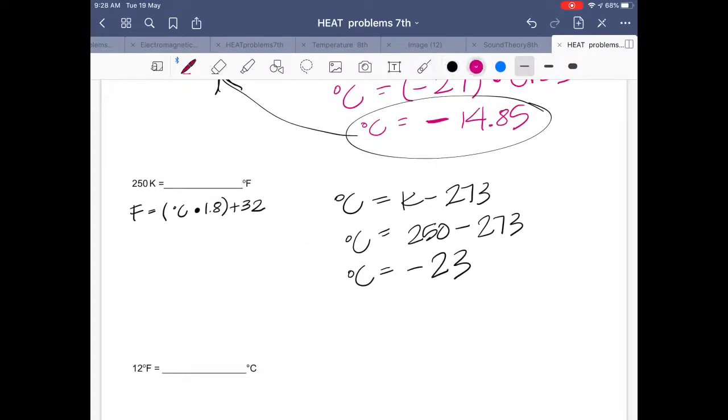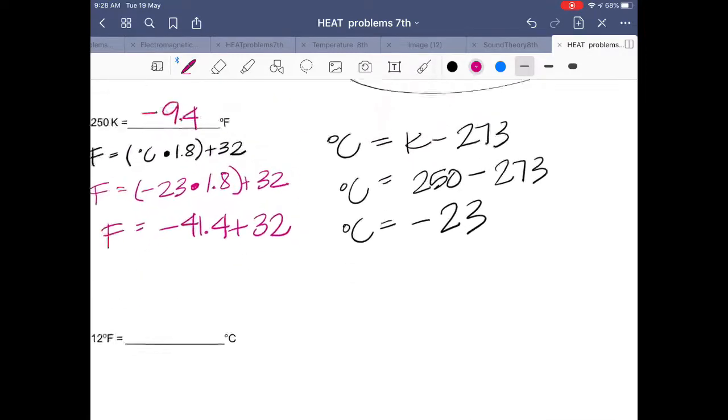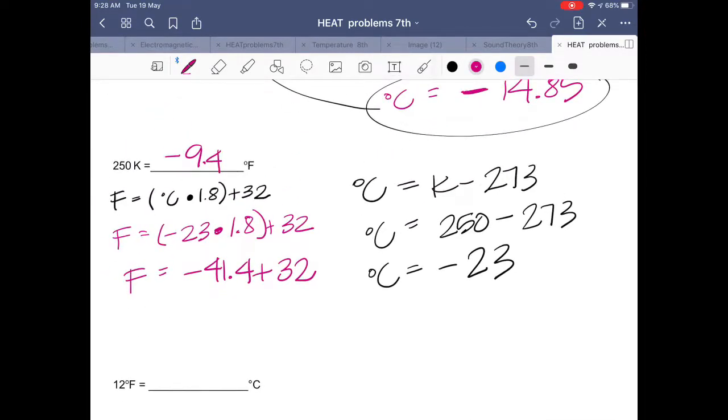You bring the negative 23 here: Fahrenheit equals negative 23 times 1.8 plus 32. So Fahrenheit equals negative 41.1 plus 32, and you have negative 9.4. Remember, you may use a calculator with these problems. I need only to see the formulas and the substitution. The rest can be with a calculator.